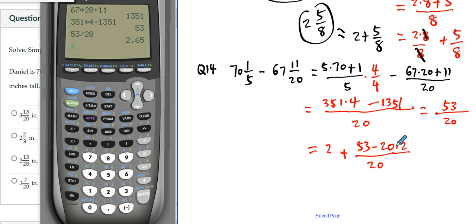There are a few ways to explain that. For example, you may do it this way. 53 divided by 20. What do we need? You need 2, right? And 2 times 20, you got 40. And down here, then you have 13 here.